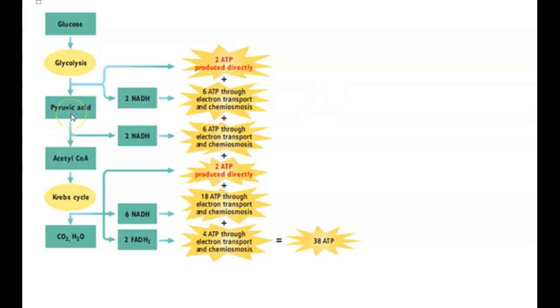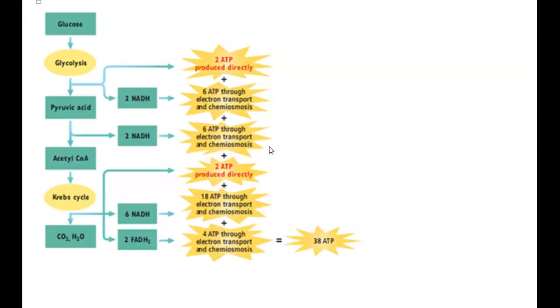This pyruvic acid is now going to enter into the matrix. It gives off some carbon dioxide to become a 2-carbon molecule. In the process, 2 NADHs go to the electron transport system.